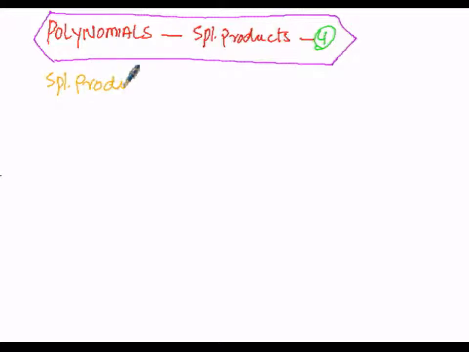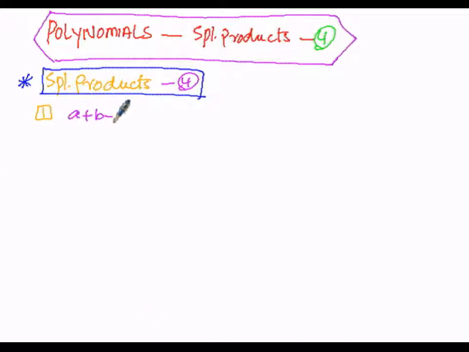So the special products under the group 4 are: the first one as (a plus b plus c) whole square, that equals, in its expansion, a square plus b square plus c square plus 2ab plus 2bc plus 2ca.